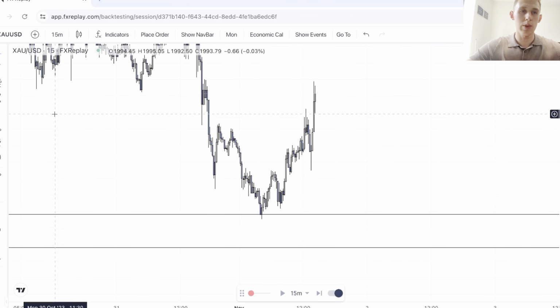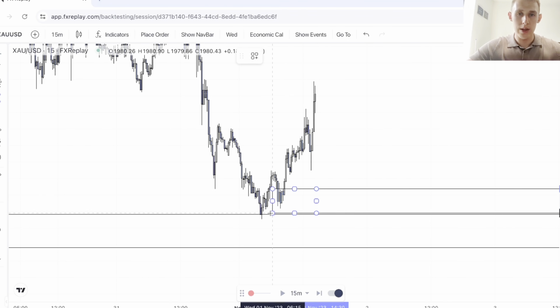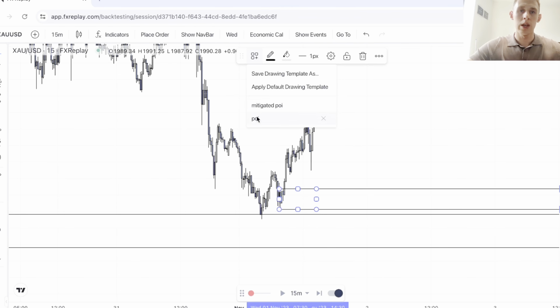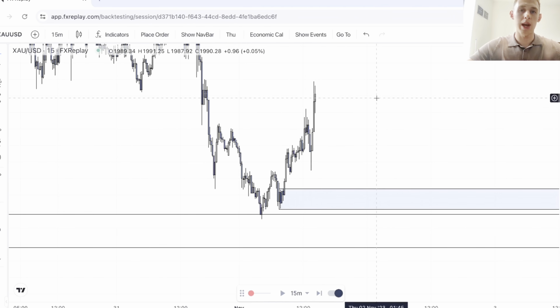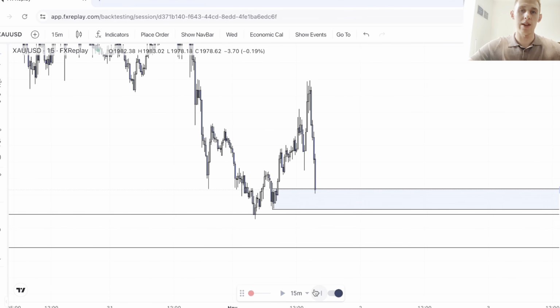Okay, so nothing really too clean. We have this demand in here, but because price has got so far away now, I would wait for a reaction within that area.